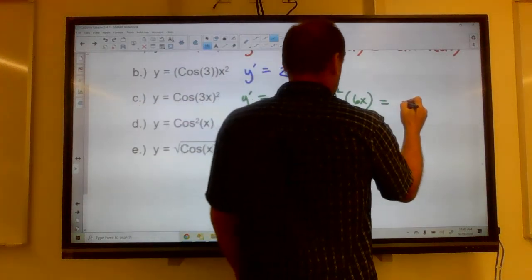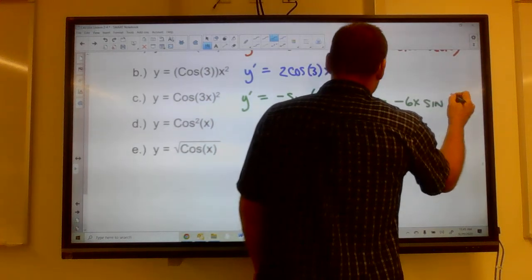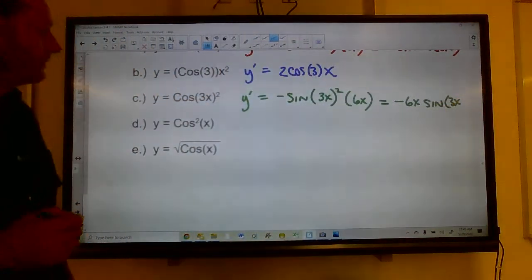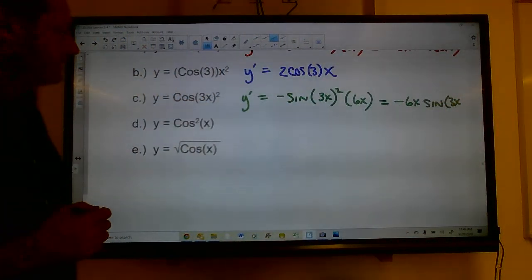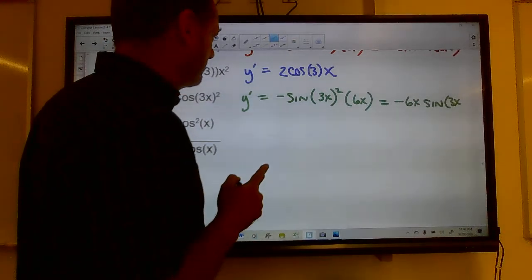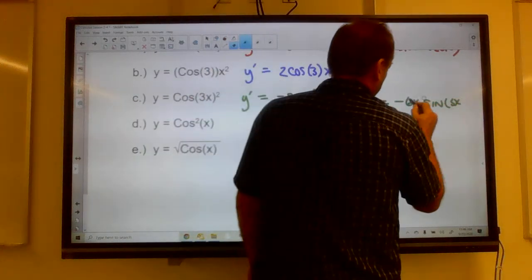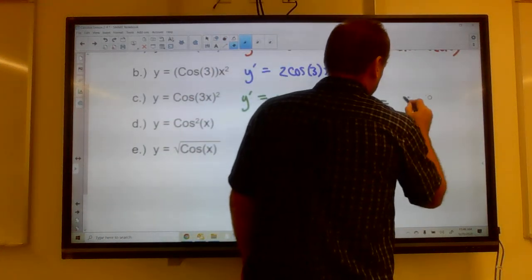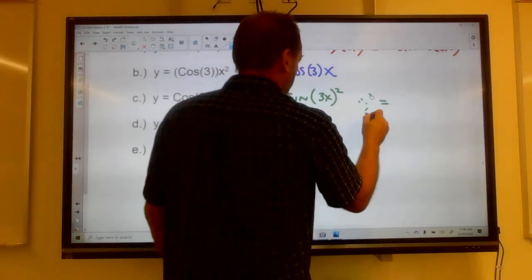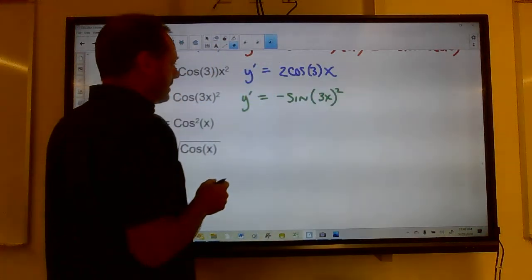So this is going to be negative 6x sine 3x. Oh, wait. It's the whole thing squared. Sorry about that. Need a bigger eraser. There we go.